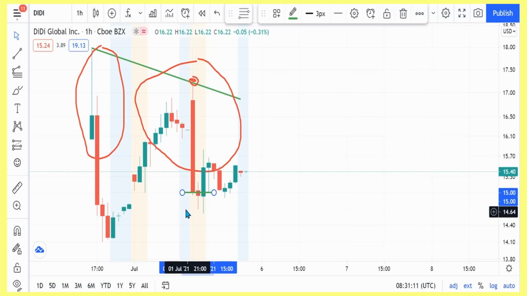So we will see who is having more power. Is the bull having higher height or the bear having a higher height? If the bear is having higher height from the green line there, then the bear will win. But if the bull is having higher height to your left, then the bull will win. Okay, unfortunately in this chart we couldn't see such a pattern.